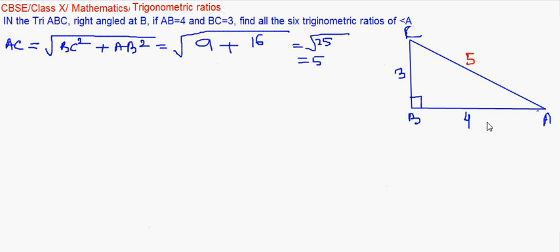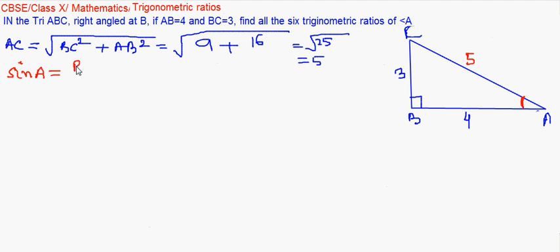Now we need to find all the 6 trigonometric ratios. So we'll be finding them in terms of this angle A. So sine A, as you can recall from the previous page, sine A was given as perpendicular by hypotenuse.